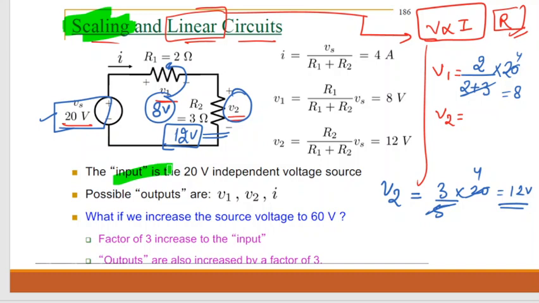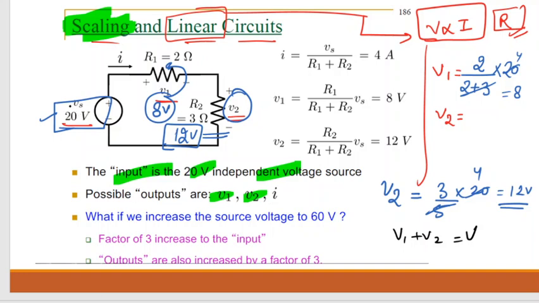Okay. So the input is a 20 volt independent voltage source. Basically, scaling is V1 plus V2 would be equal to 20. Clear?